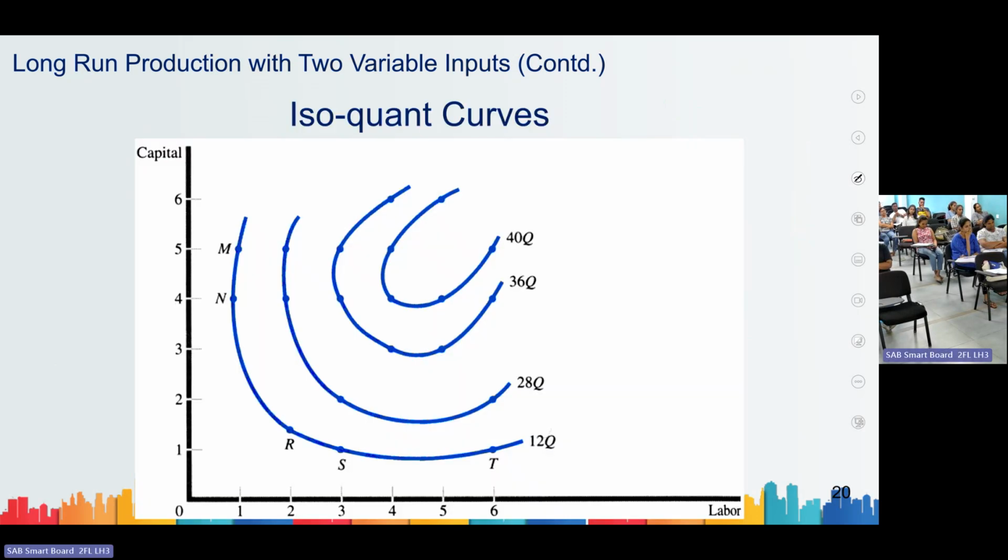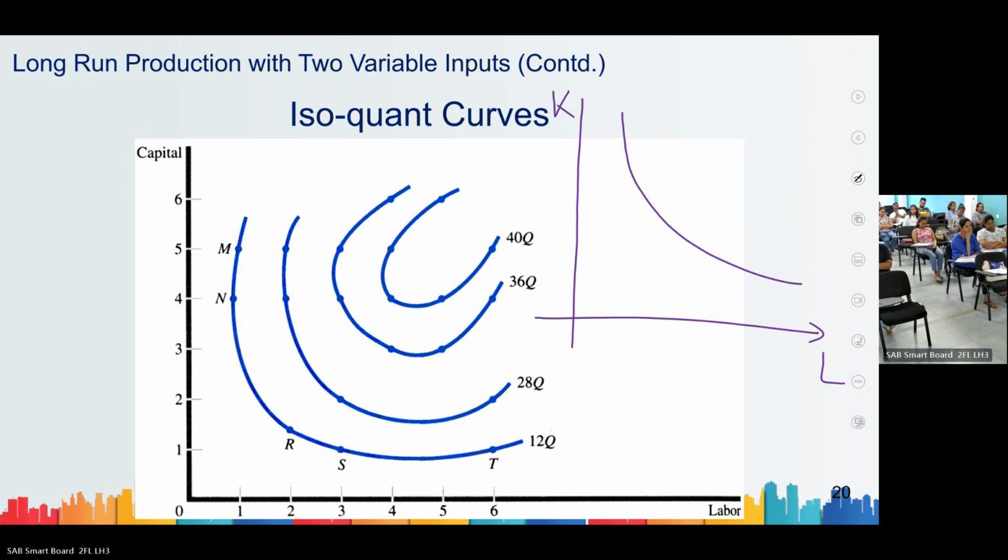So this is the isoquant map. The usual isoquant curve, with labor and capital on the axes, is convex to the origin. An isoquant curve is convex to the origin.